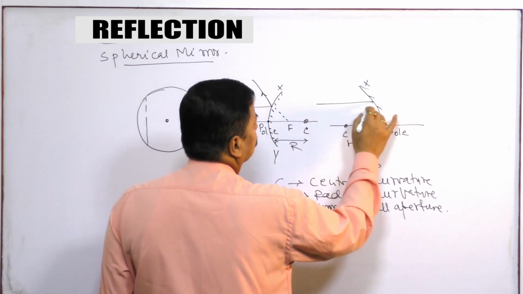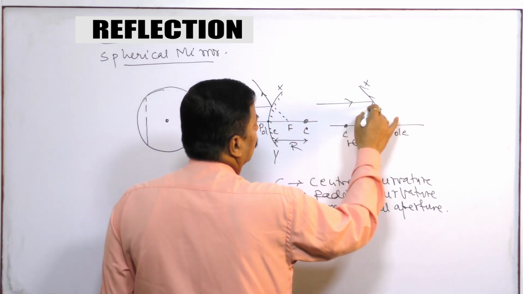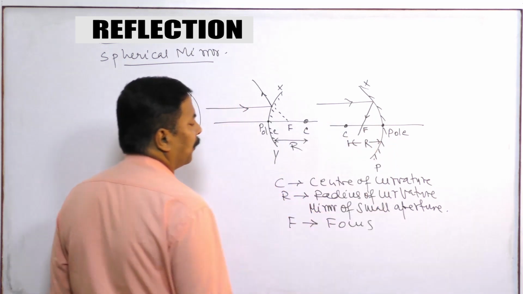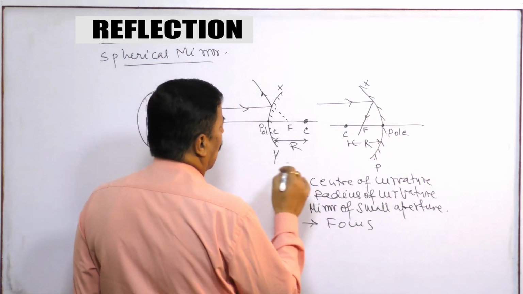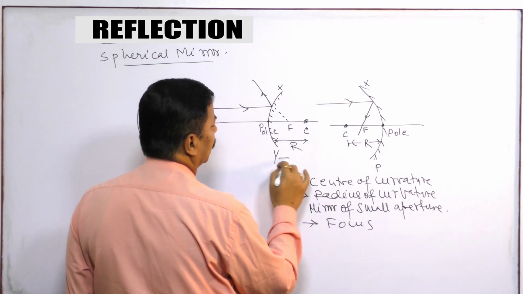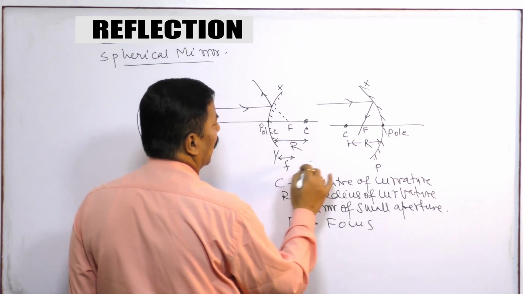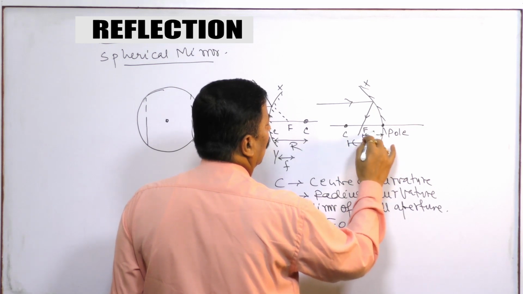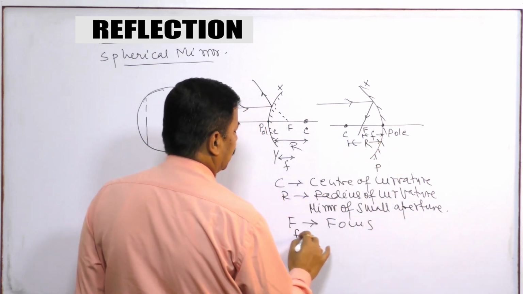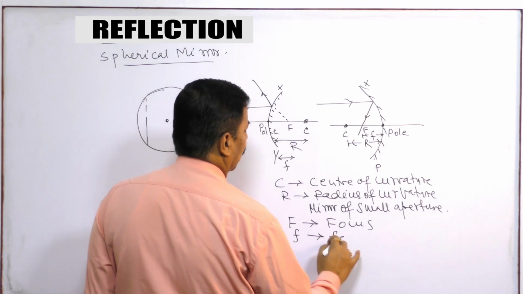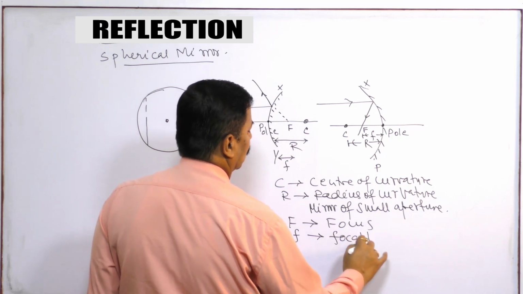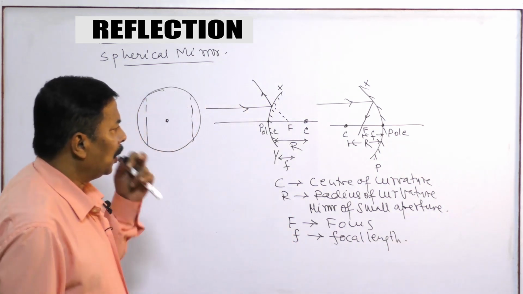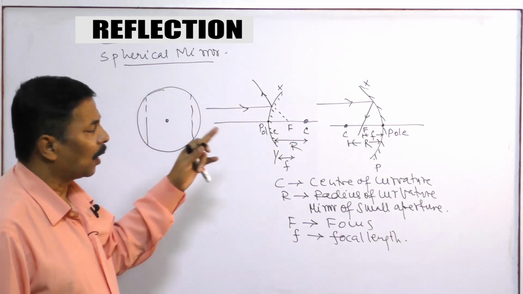Here, focus, and a small f, this distance, small f represents focal length. So concave mirror is there, convex mirror is there.